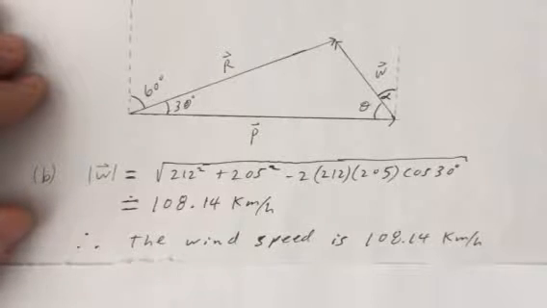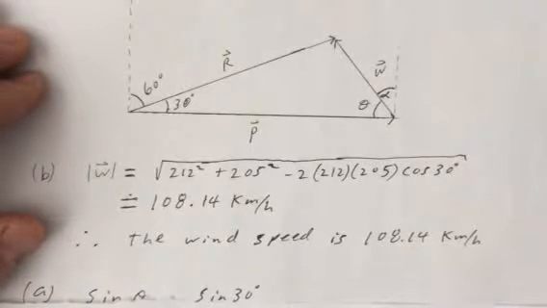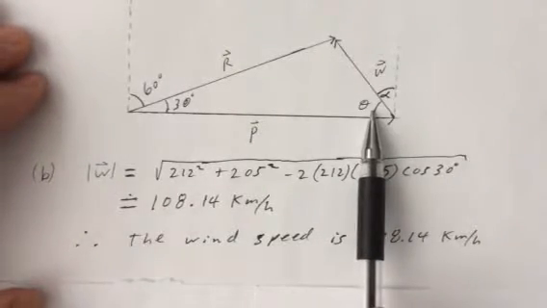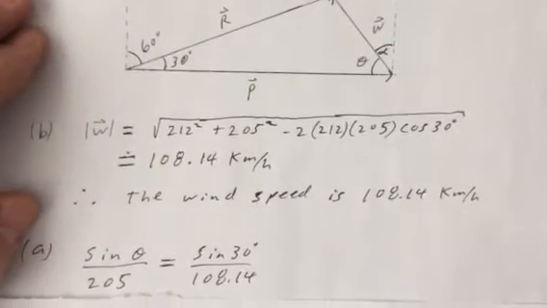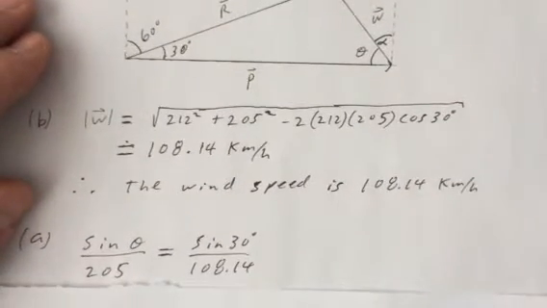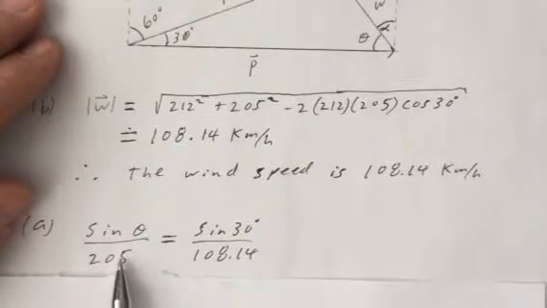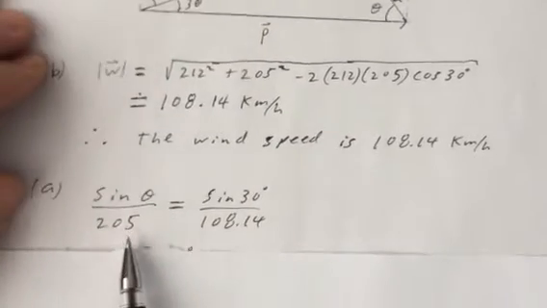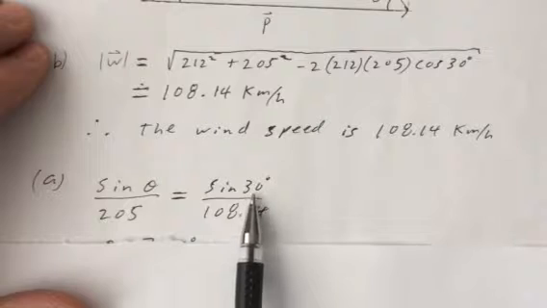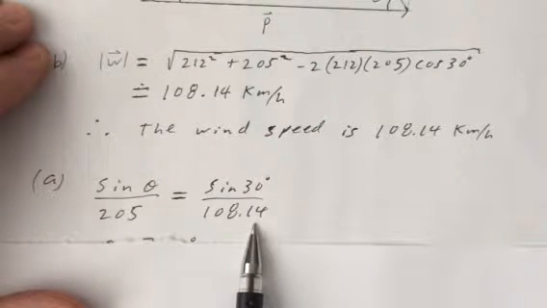So part A, if we want to find the direction of the wind, well, we can use the sine law here. So we get sine of theta over 205 equals sine of 30 over 108.14.